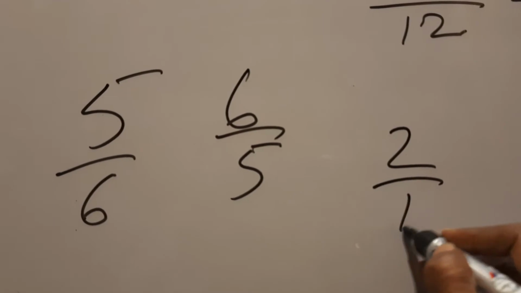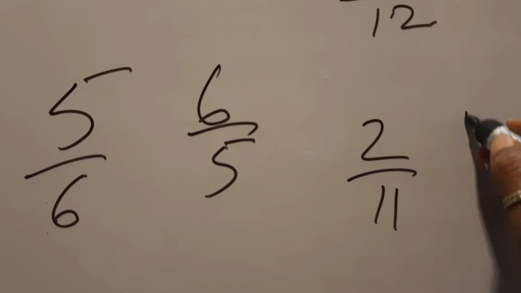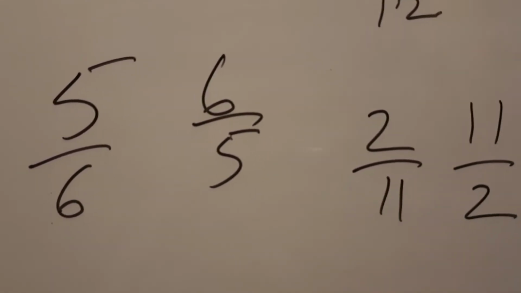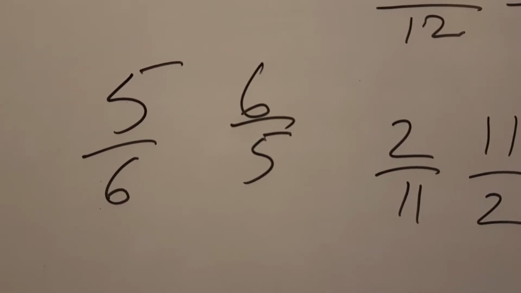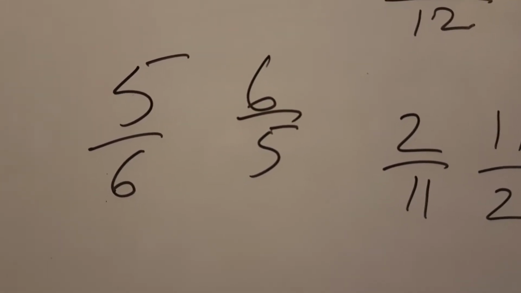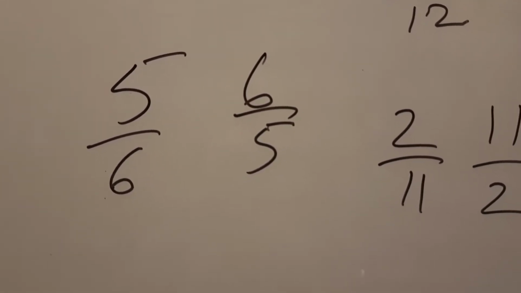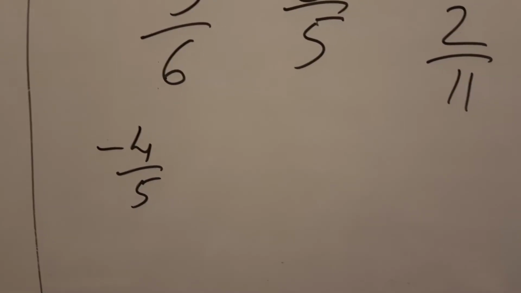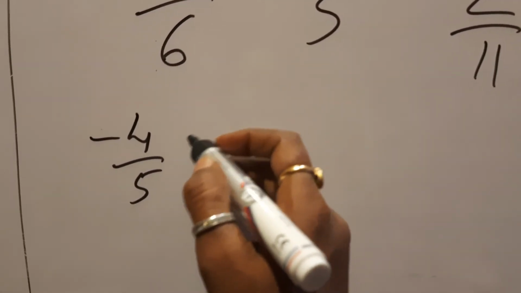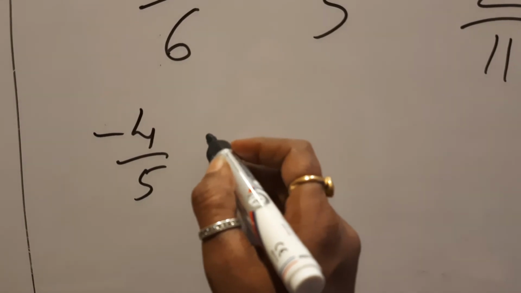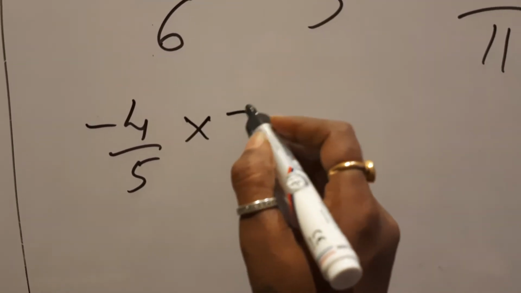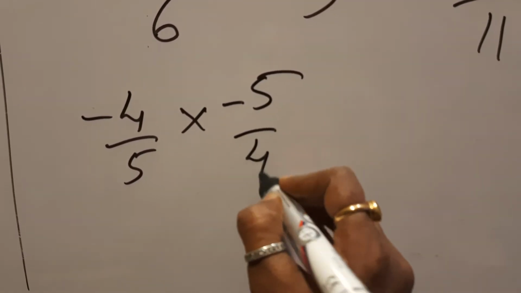Take for example 2 upon 11. Multiplicative inverse of this is 11 upon 2. So the denominator becomes your numerator and the numerator becomes the denominator. Take another example. Minus 4 upon 5's multiplicative inverse will be minus 5 upon 4.